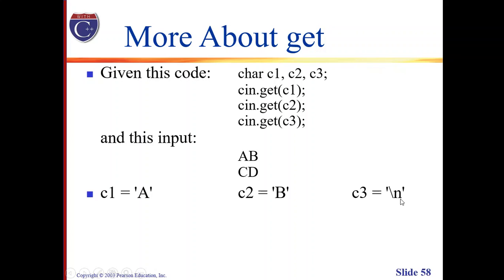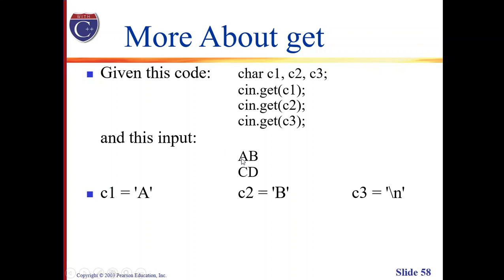of new line. If we remember, the get function will read every character from our input stream, and of course that includes the new line character. So that's why the content of our third variable C3 is the new line character.